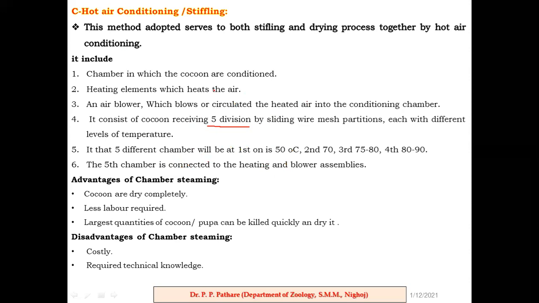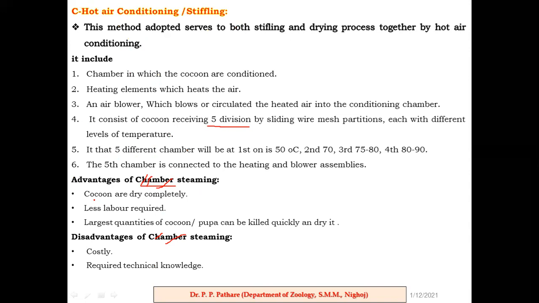Next point: advantages. Sorry, here you can imagine hot air conditioning; by mistake they typed chamber steaming. You can just imagine hot air conditioning or stippling. Advantages: cocoons are dried completely by using hot air conditioning or stippling.